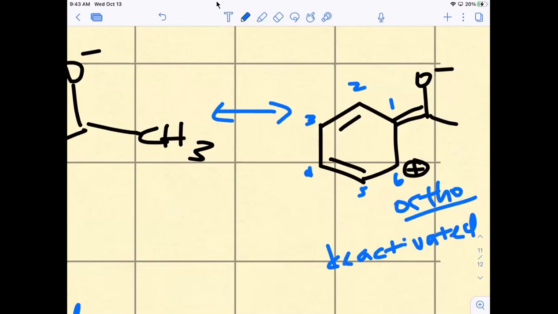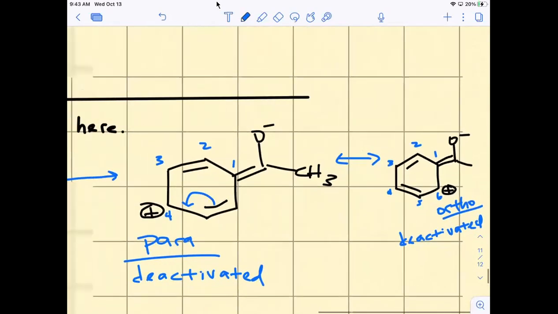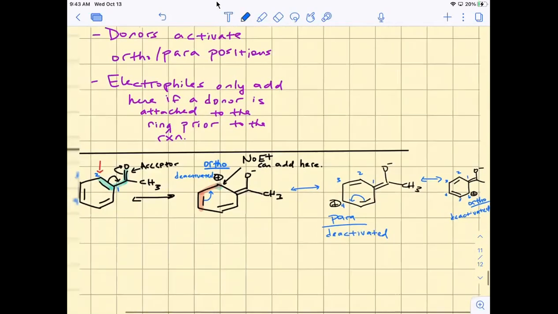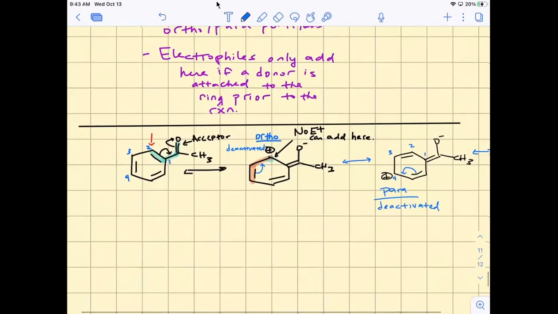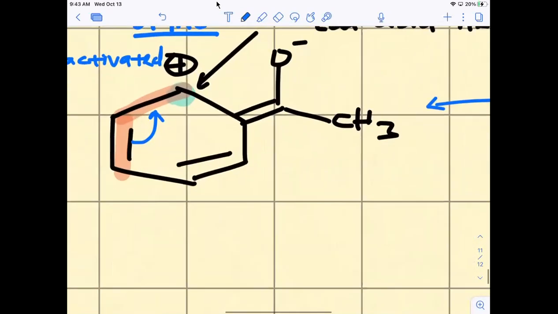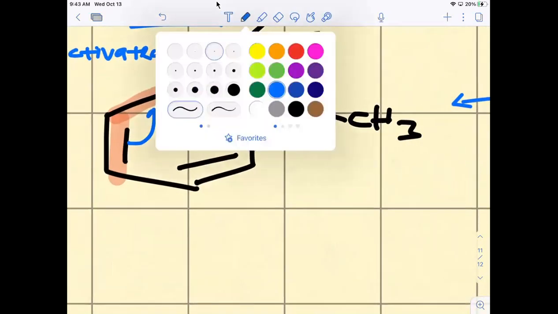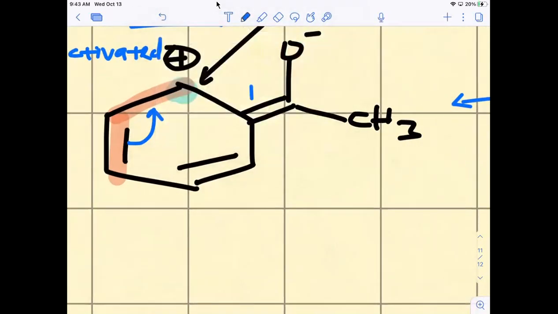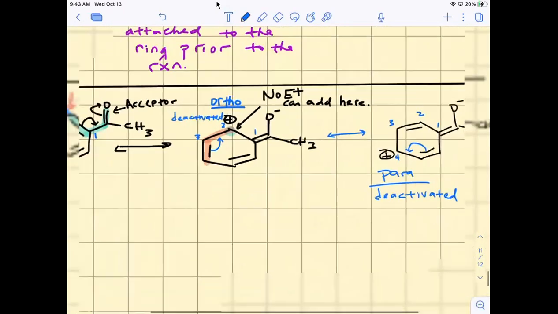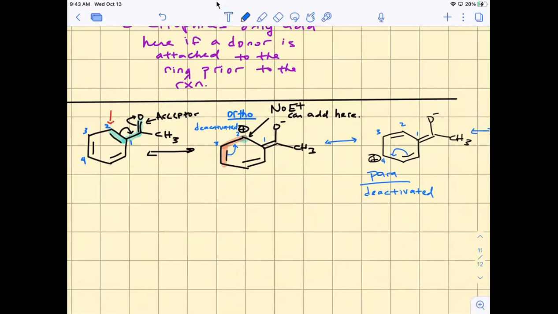All right. Now, what do you notice about all of these where the ortho site might be deactivated or the para site is deactivated? Where can we find electrons in those resonance forms? The oxygen. Okay, besides that, only in the ring. That's what we're looking for.